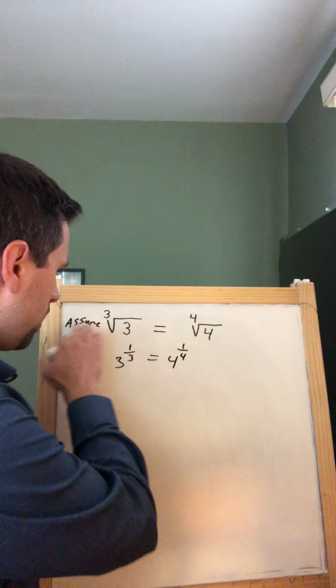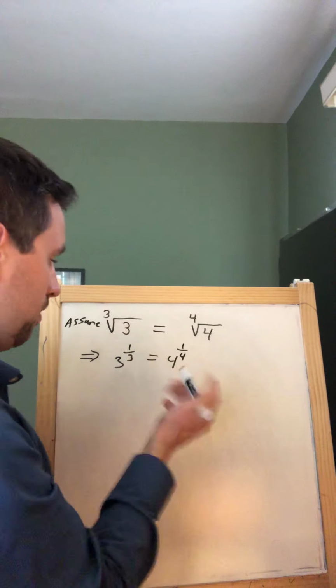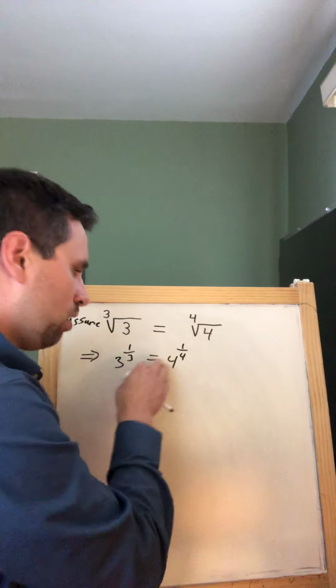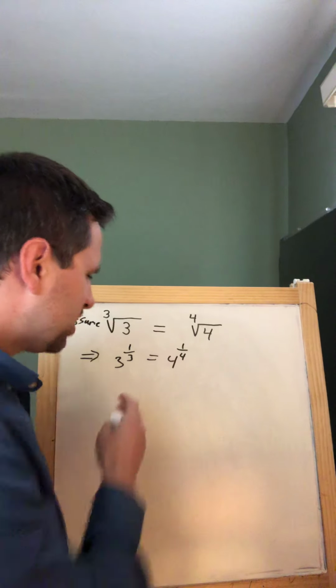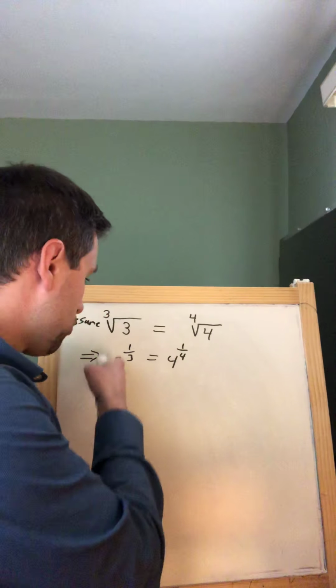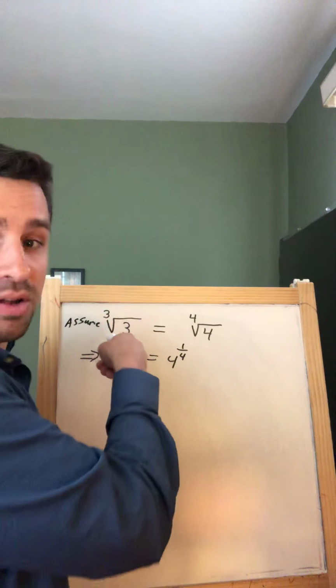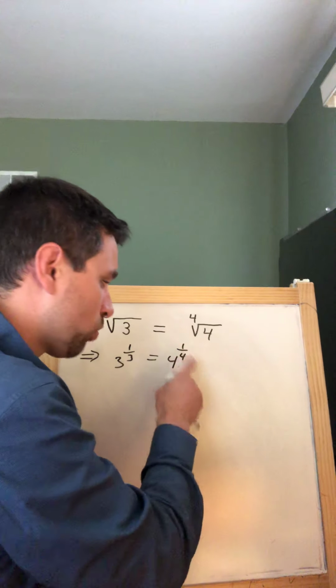So I'm assuming this is true, which implies that 3 to the 1/3 is equal to 4 to the 1/4. Well, I have these fractional exponents. What is 3 to the 1/3 power? That's what I'm trying to figure out. I don't know what 3 to the 1/3 is, and I don't know what 4 to the 1/4 is.